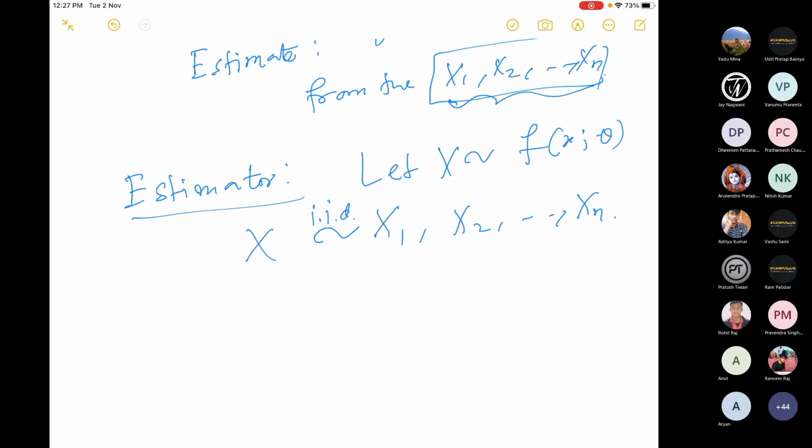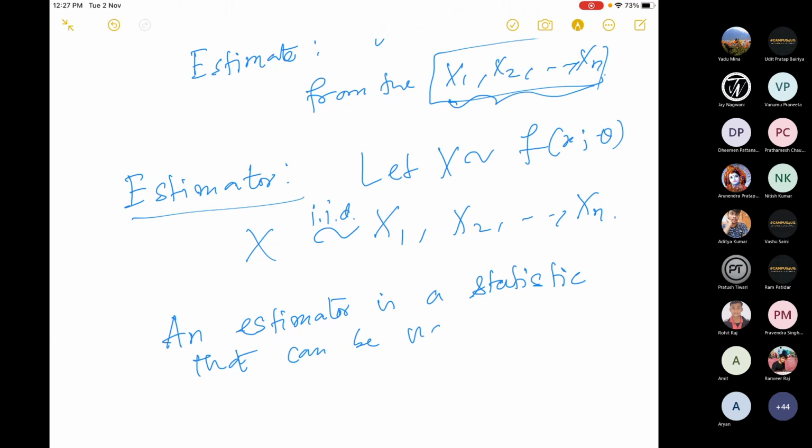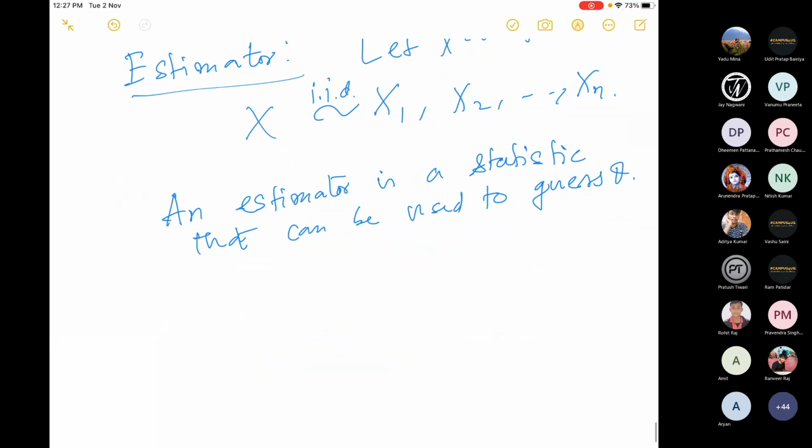Now I'll say an estimator is a statistic that can be used to guess theta. This is the definition of estimator.